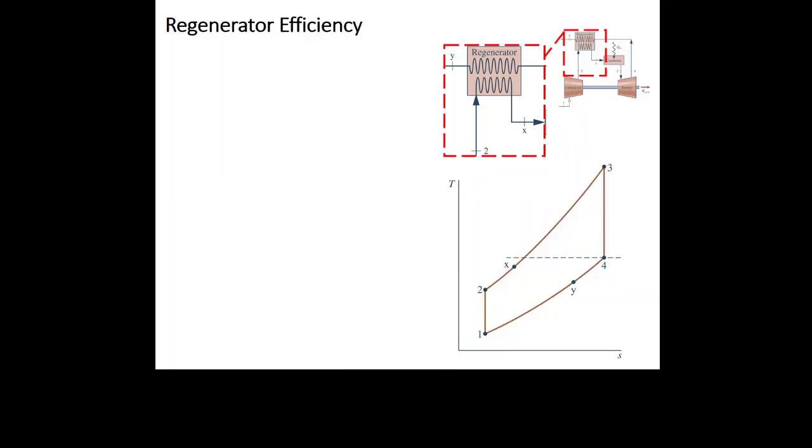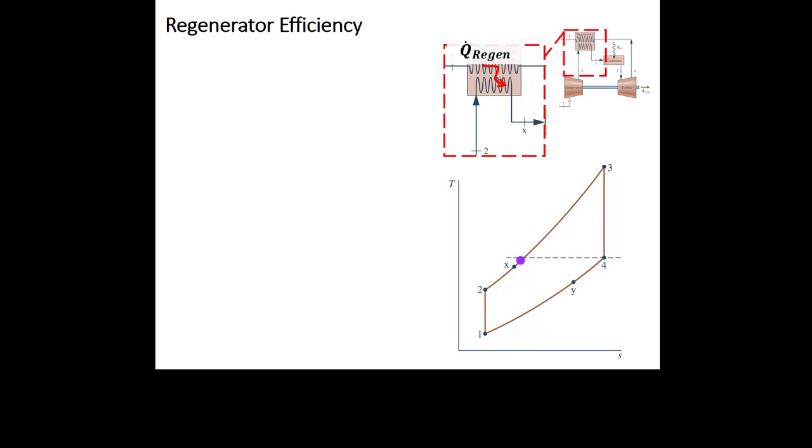My exhaust temperature is a little lower, so I have a little less impact on the environment. But I'm preheating this fluid, so I'm burning less natural gas, which also gives me an environmental benefit, right? So this heat that we reclaim from the exhaust gas goes to heat up my air from state 2 in this picture to state X.